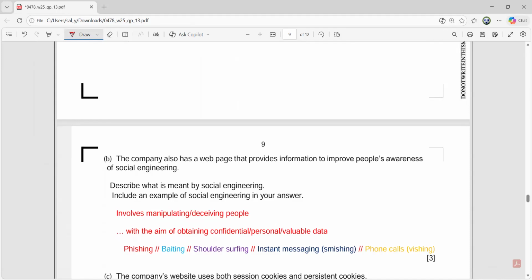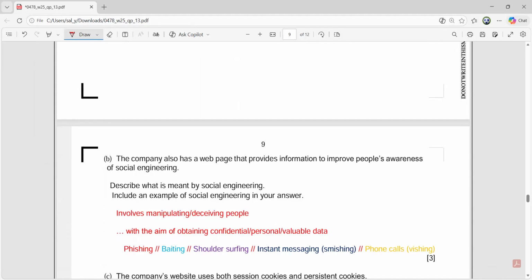It involves manipulating or deceiving people. The aim is to obtain confidential, personal or valuable data. So if you have mentioned the proper description, like what it is doing, it involves the process of manipulating or deceiving people, and the aim is to obtain their personal data.